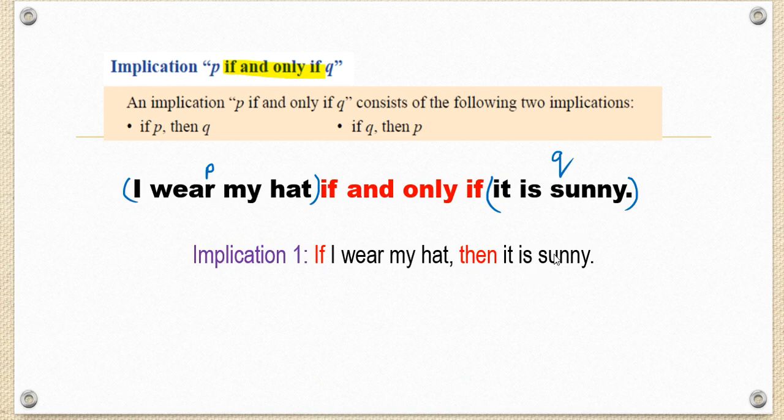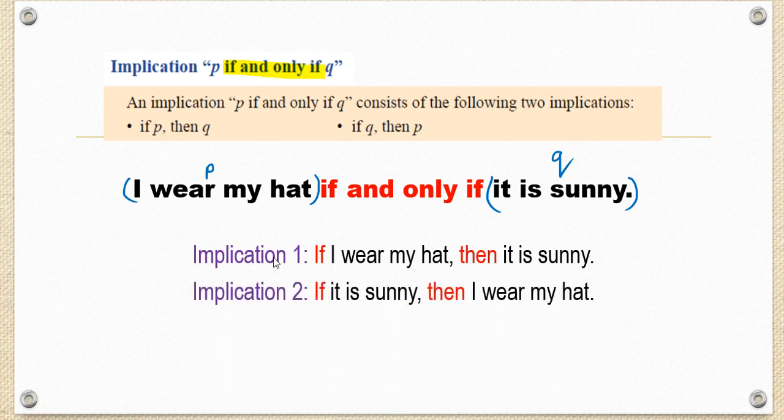Another implication: if it is sunny, then I wear my hat. Remember, when you see the words if and only if, you must form two implications. If you only write one of them, it is not correct, you won't get marks. It must have two implications.